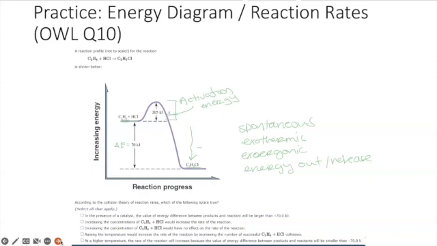This is not true, because the presence of a catalyst changes the activation energy and not the difference in product and reactant energy. So we can rule this answer out.